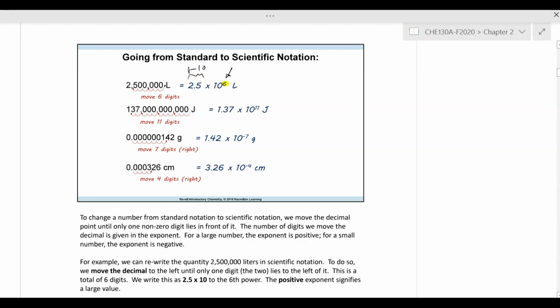So you can do that by hand, and if you're moving it to the right, like in this case right here, we're moving it to the right 7 times until we get something that's between 1 and 10, so that's 10 to the negative 7, going that way.